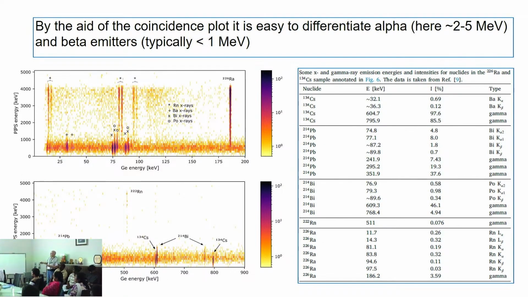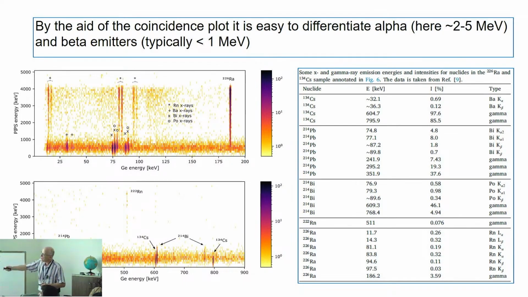Okay, now this is quite difficult picture. This is the same sample again. You can see the nuclides and peaks present in this sample, and we identified what kind of peaks are in this spectrum.